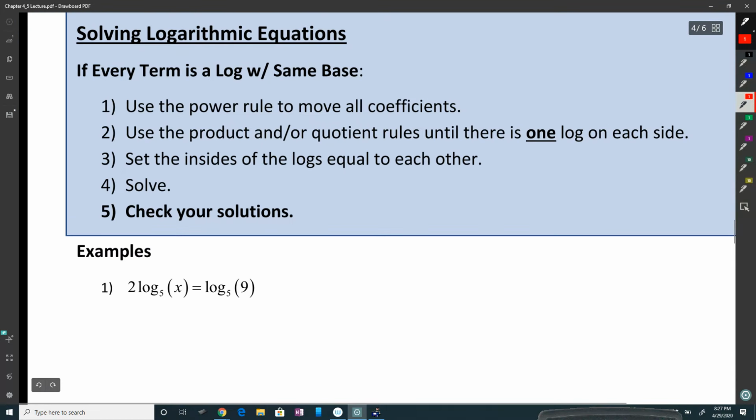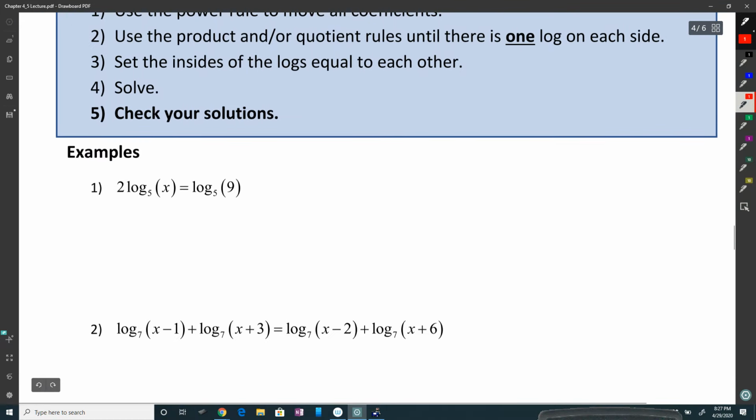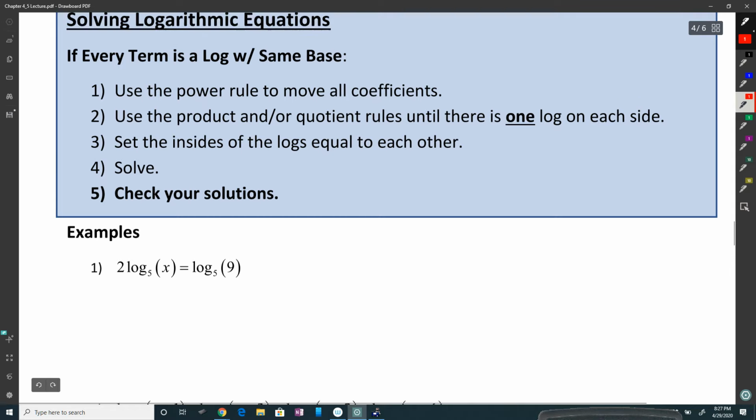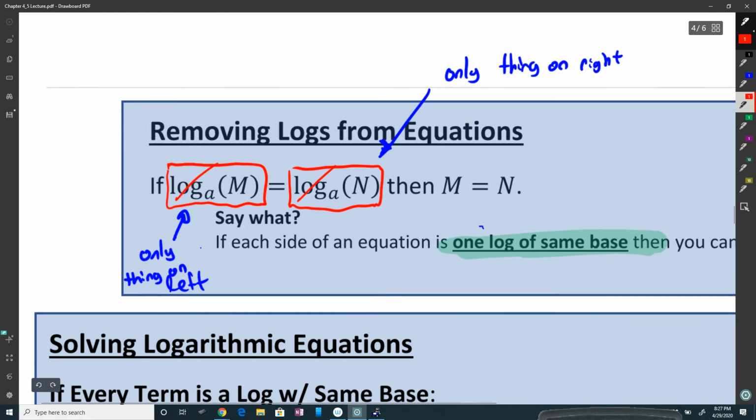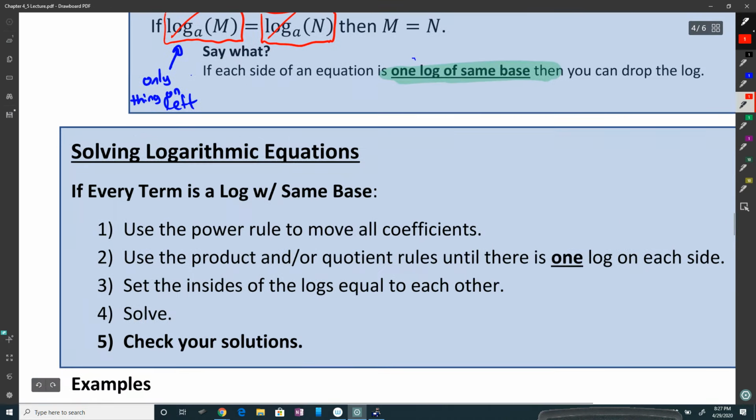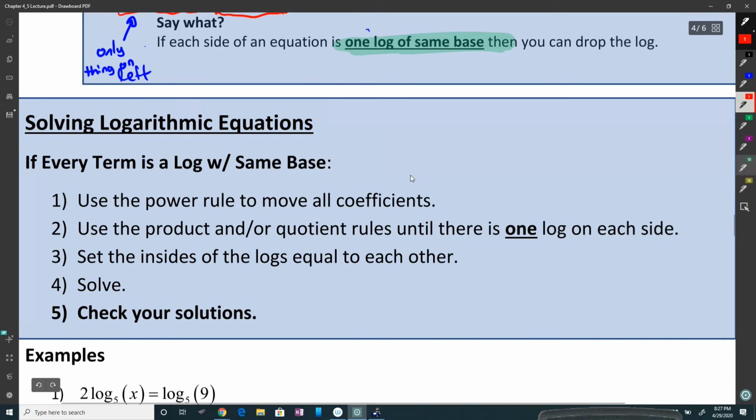So let's work on these. Now, whenever you get the equation, they're not going to be set up like that, where it's one log equals one log. What you have to do is, that's what steps 1 and 2 here are. You have to use your log rules to force one log on each side.